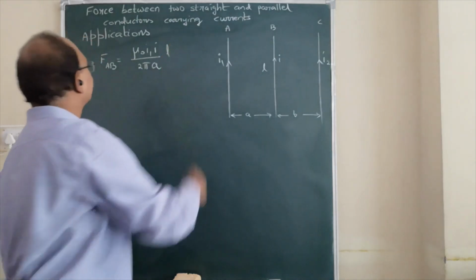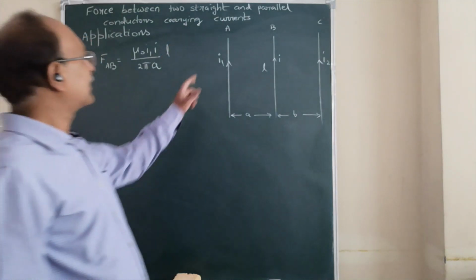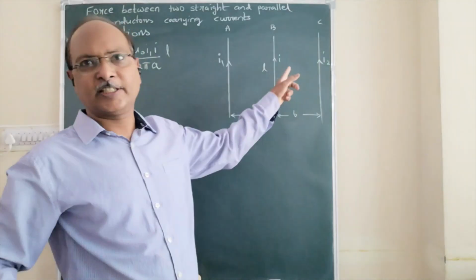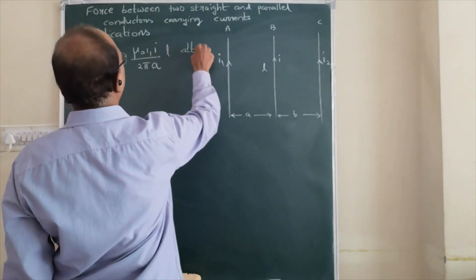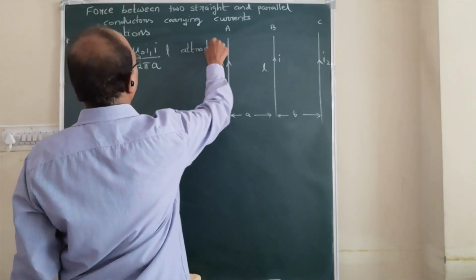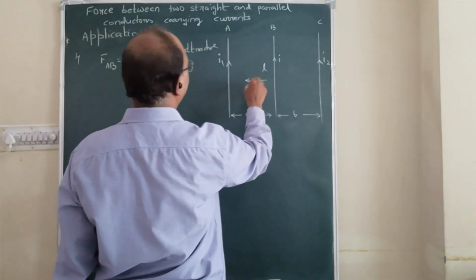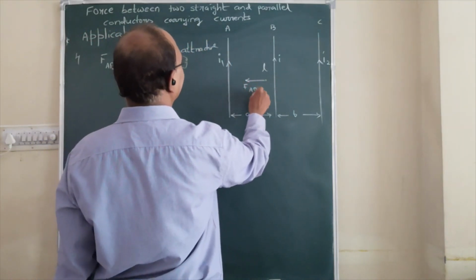Here the currents are in the same direction, therefore attractive. That means FAB will be in this direction.